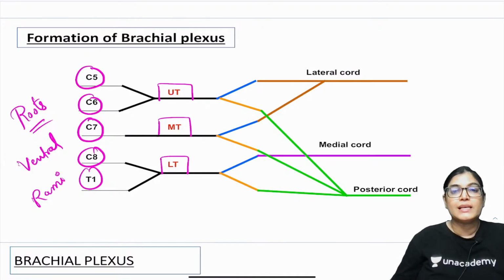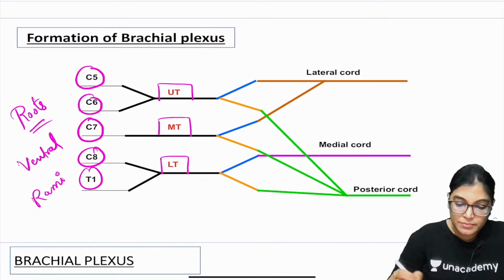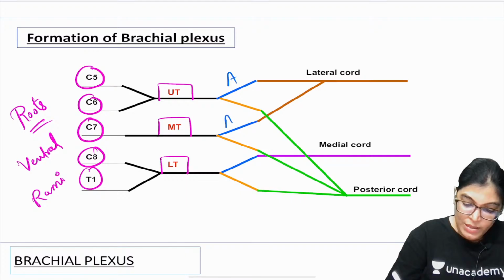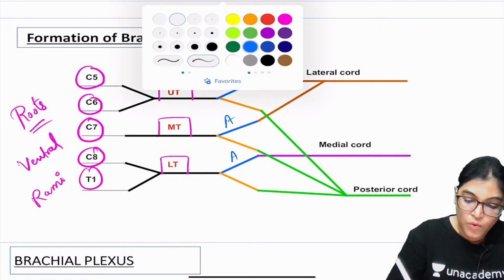Now, what you can see in this diagram, this is A, okay, what is this? Blue color is A and what is yellow color?